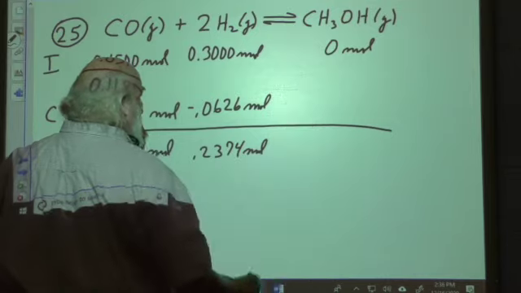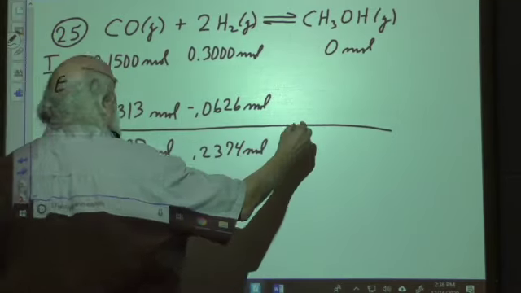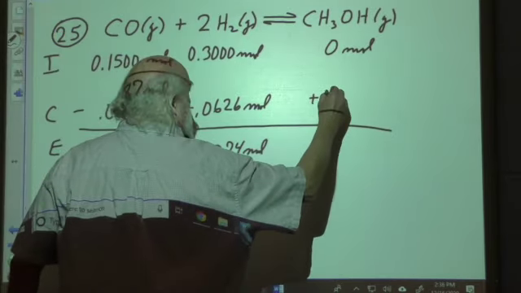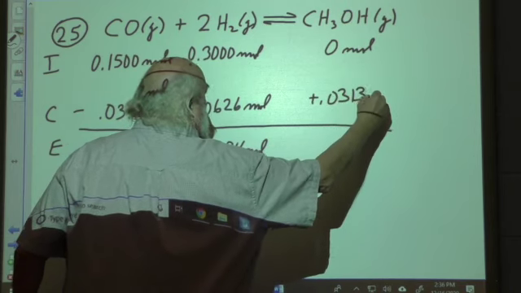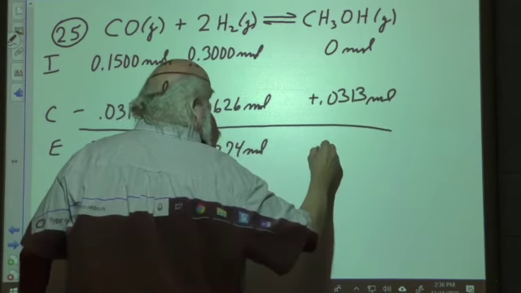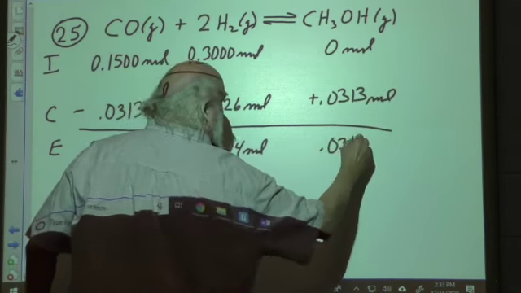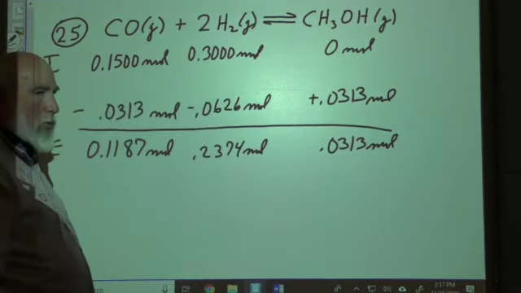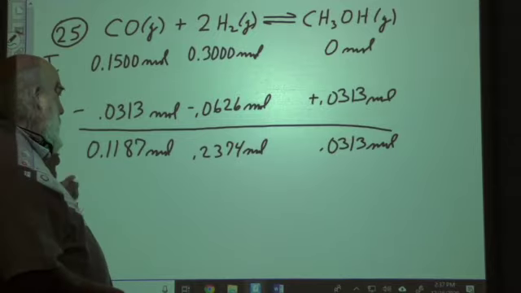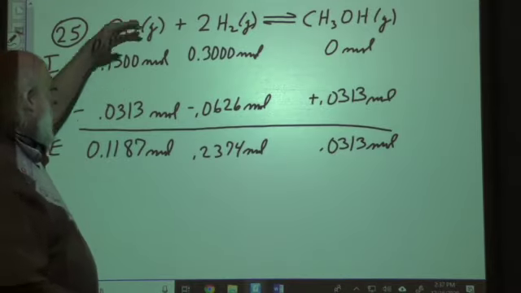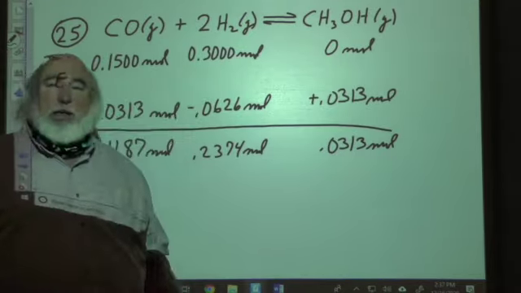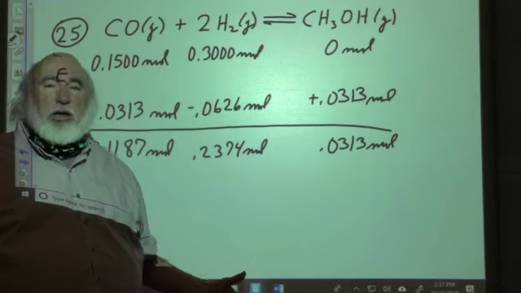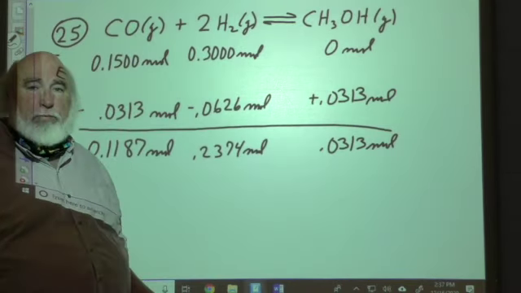We're number 1, getting this done right. So this is going to add 0.0313 mole to give us, sure enough, 0.0313 mole. So the equilibrium mixture in our beaker, whatever amount of time it takes to get to that point, is going to have this mixture of these three quantities. And that is reaction stoichiometry.